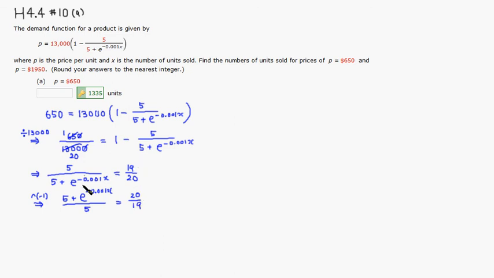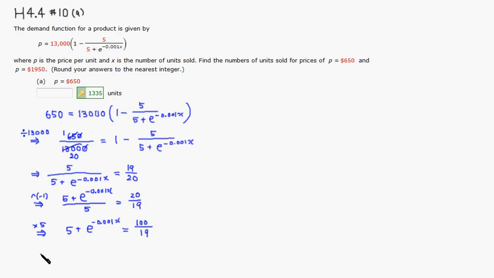Then we multiply both sides by 5. We get 5 plus e to the negative 0.001x is equal to 100 over 19.